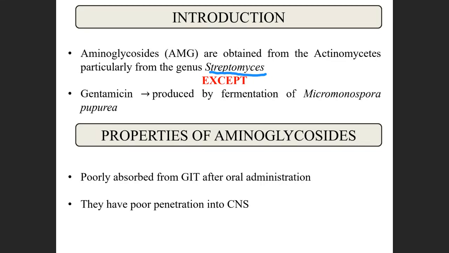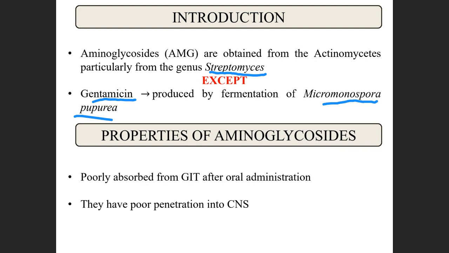Gentamicin is another antibiotic which is used widely for so many conditions, like gentamicin eye drops, ear drops, or maybe tablets or capsules, based upon the requirement. And this is produced by the fermentation of Micromonospora purpurea.